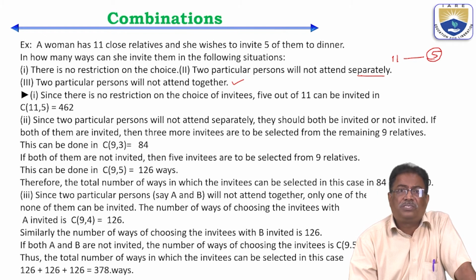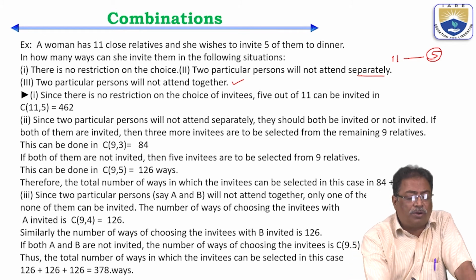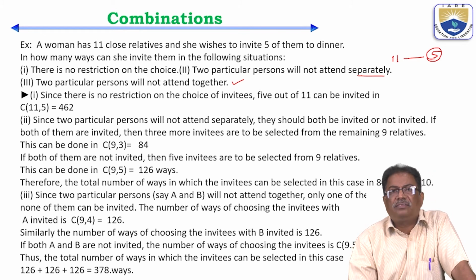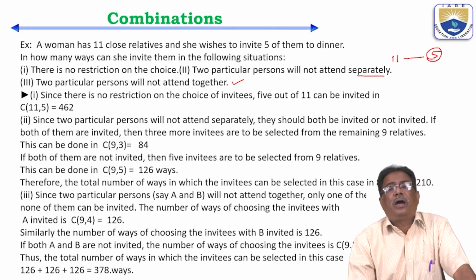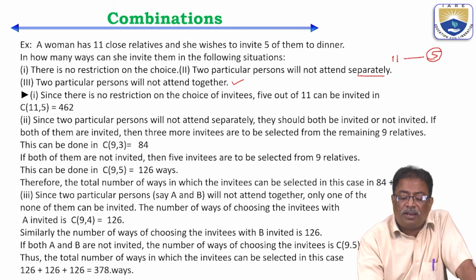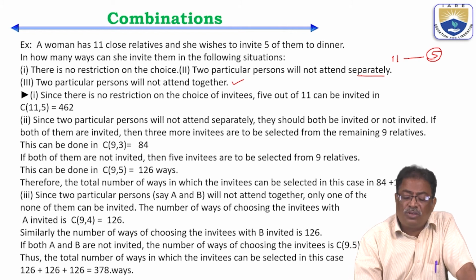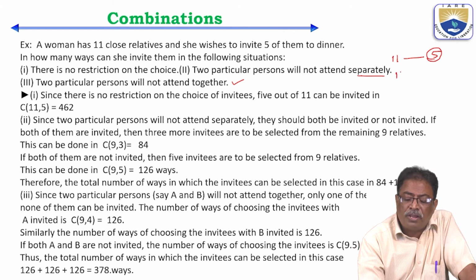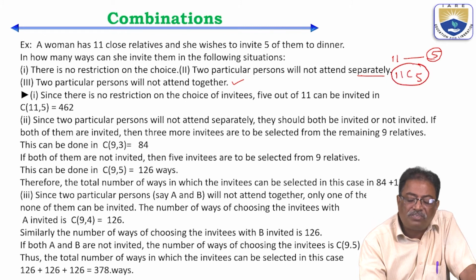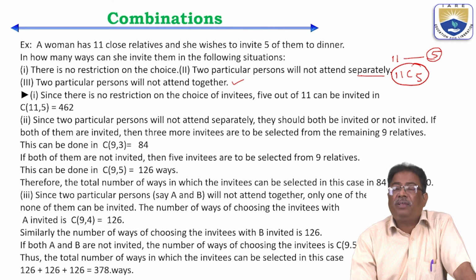Now the question is, we have to take all the restrictions into consideration, and we have to find out how many possible ways. So there are 11 members, 11 close relatives. If there is no restriction, the number of ways she can invite is 11C5 ways.